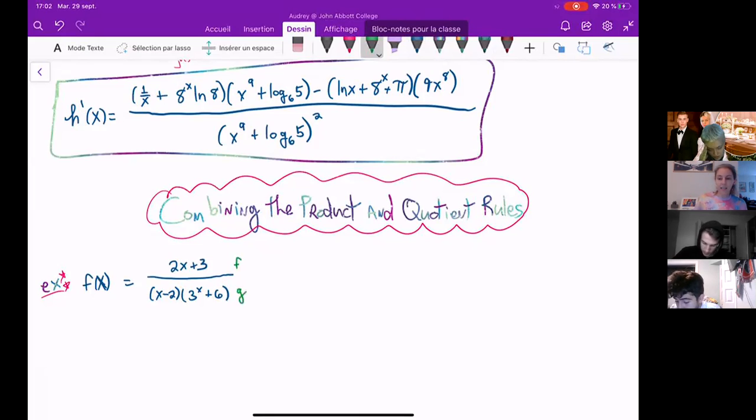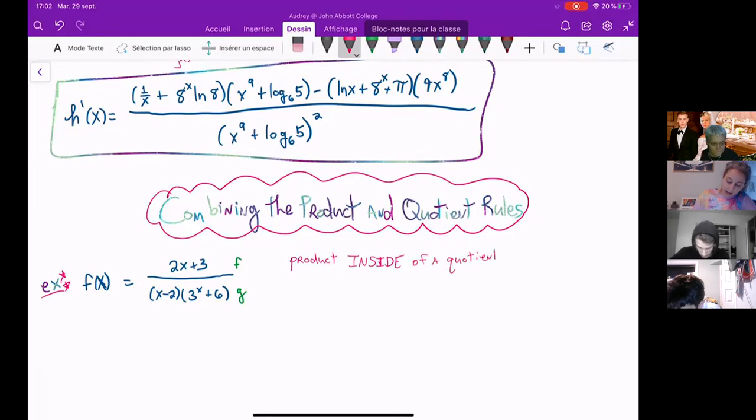So what I can see is that I have a product inside of a quotient, which means I will have a product rule inside of a quotient rule. The next question I'm going to do is going to be the opposite, so that we can see what I mean by that and see how it's going to be different.